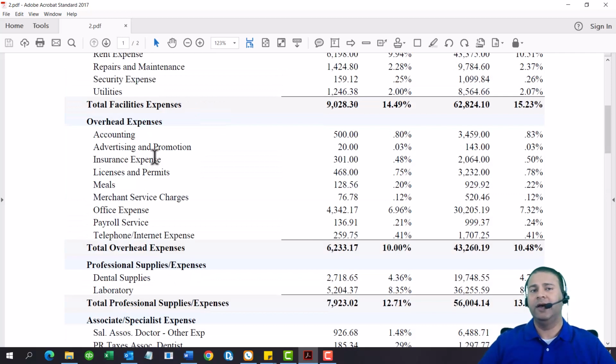The next is the overhead expenses. Any expenses not included in the other groups discussed so far will be in this group. Accounting related expenses, advertising, insurance, telephone, etc. will be in this group.